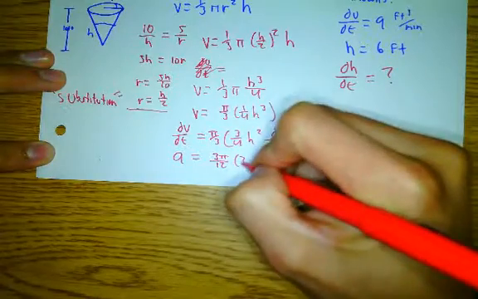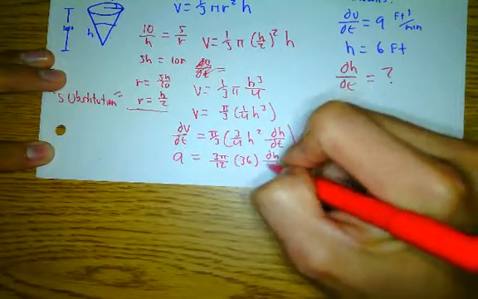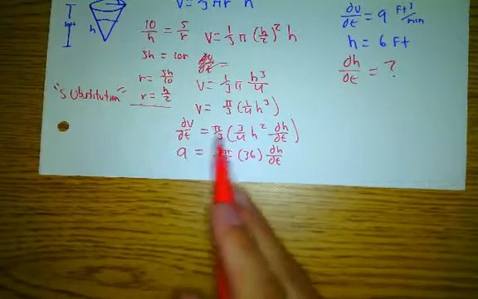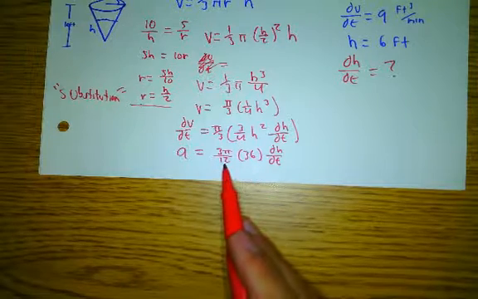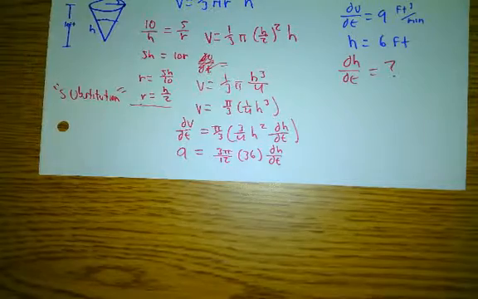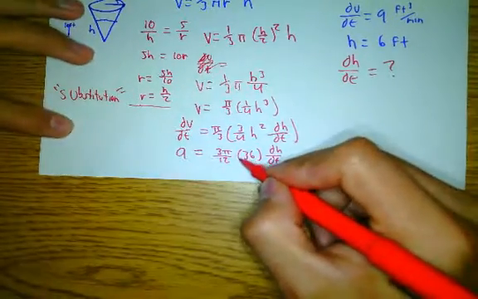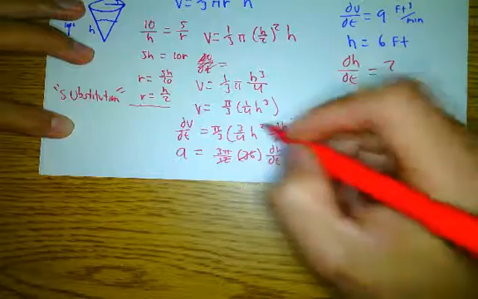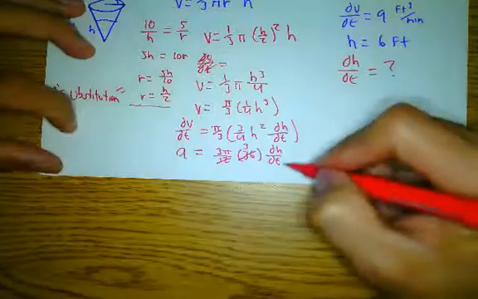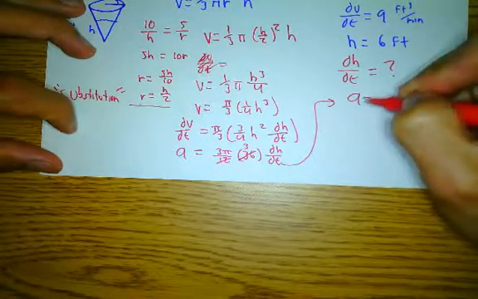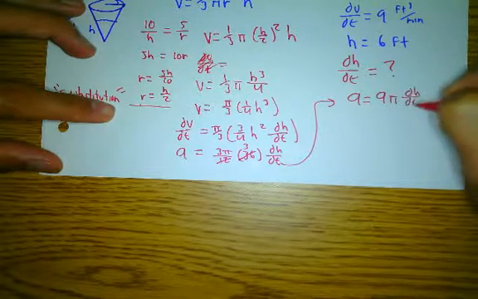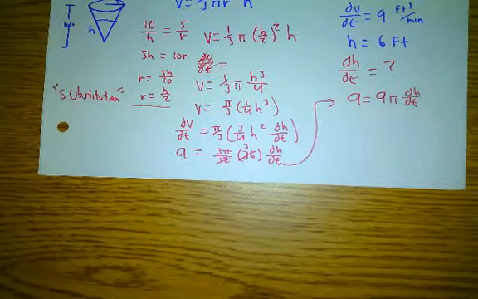This 3 pi over 12 is 3 times pi, and 4 times 3 is 12, right? And then 6 squared is 36. Cool? Now, I hope you notice that 36 is divisible by 12. How many times? So that cancels and it leaves you a 3. So that means, I'm going to go in this direction. 9 is equal to 9 pi dh/dt. Agreed? Which means then that dh/dt is equal to 1 over pi.